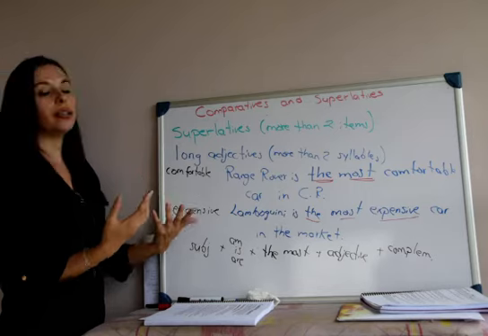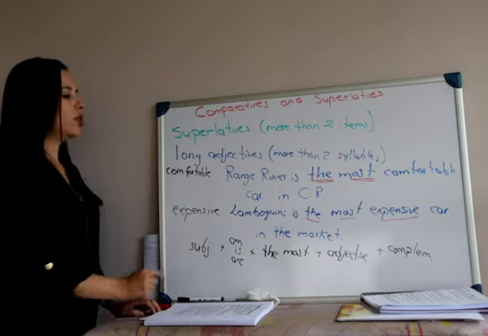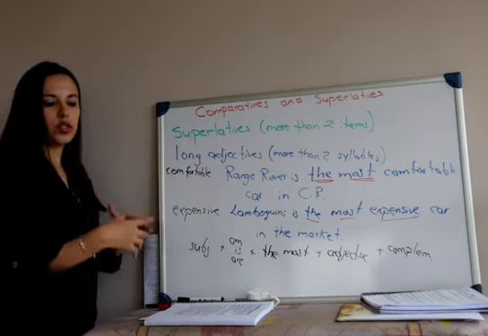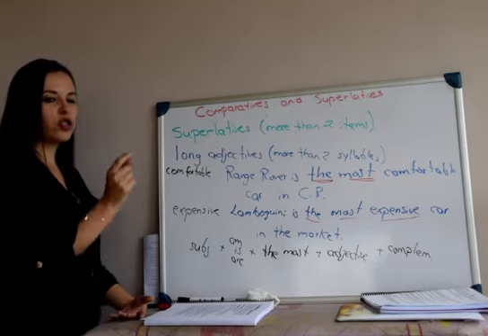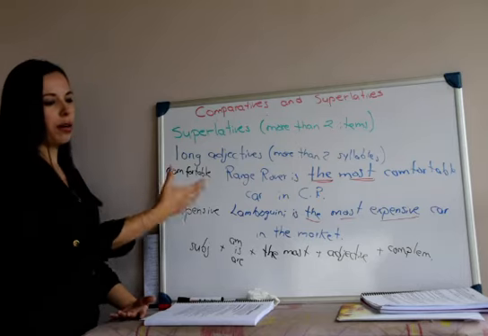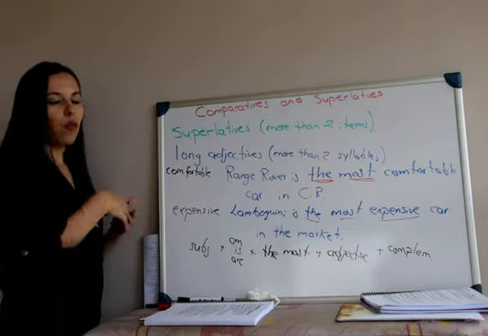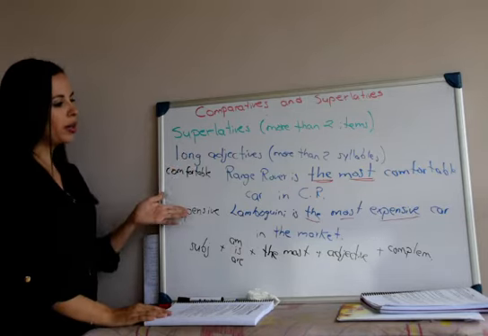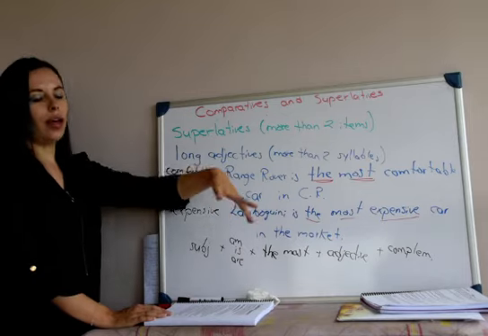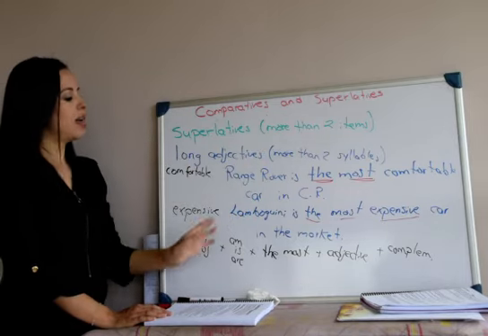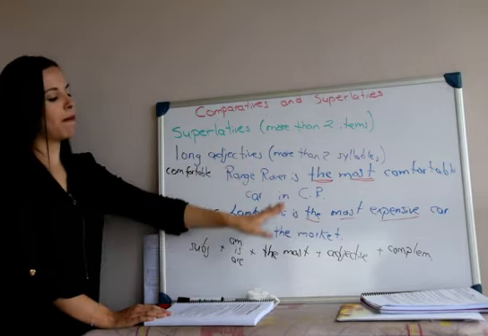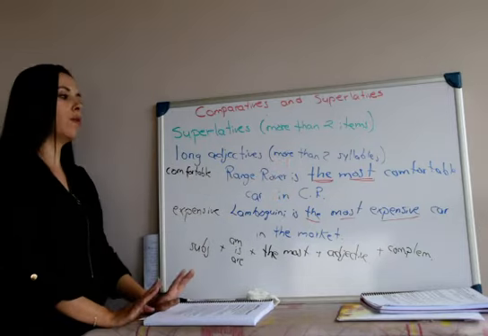And depending on the kind of adjective, you decide which structure to use. If it is short, in comparatives, er than. If it is long, more than. Superlatives, if it is short, the est, and if it is long, the most and the adjective. That's all you need to know.